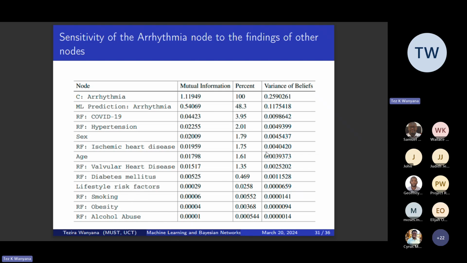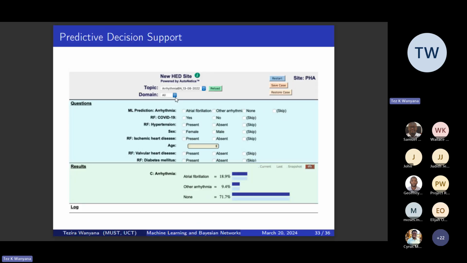But as they add information, the agent actually helps them to improve their beliefs on whether a person has arrhythmia or not. So what happens is that if you have an answer to any of these, then your beliefs in whether arrhythmia, or atrial fibrillation in this case, is present or not will keep increasing based on the information that you have provided.